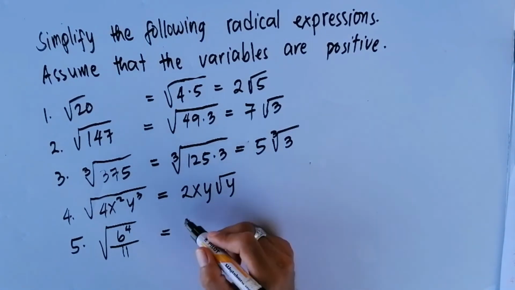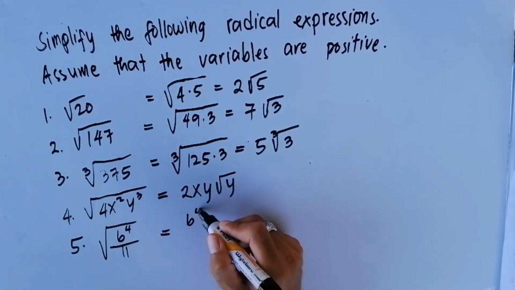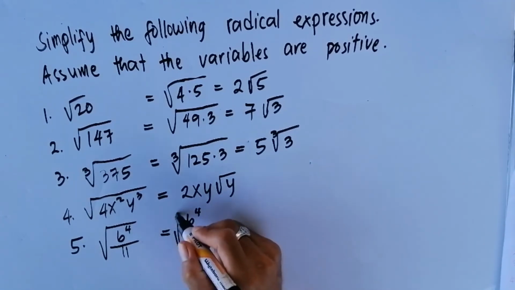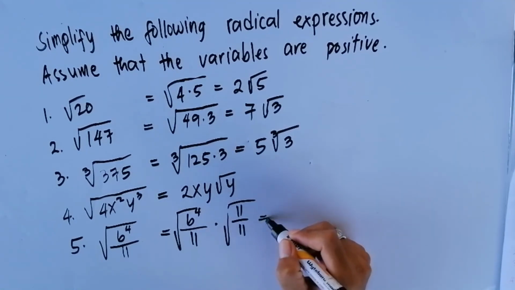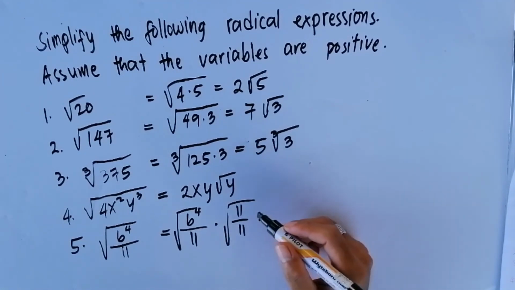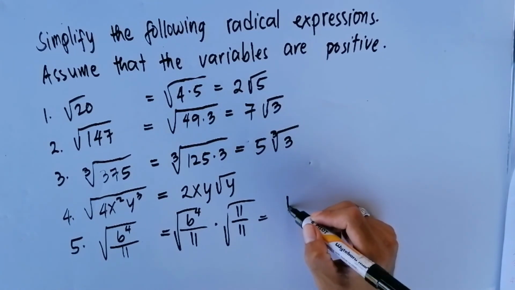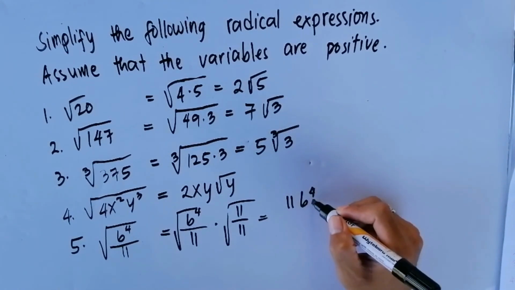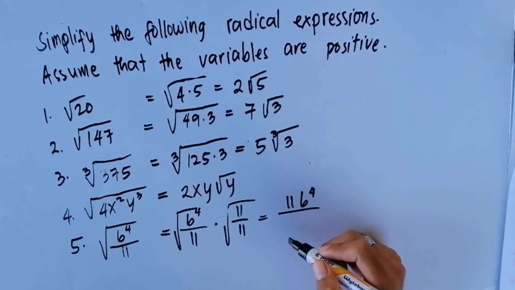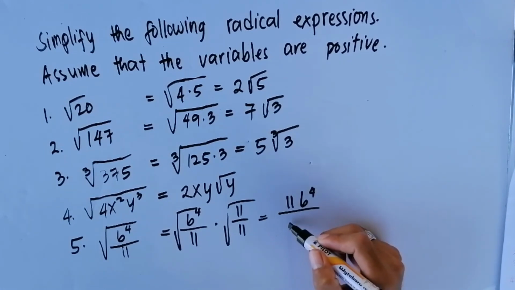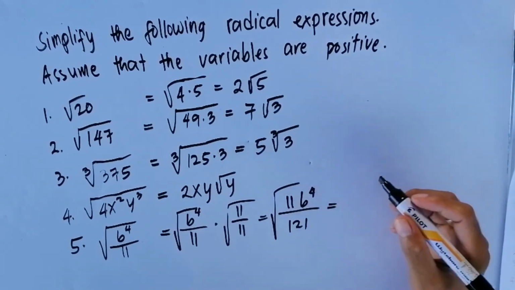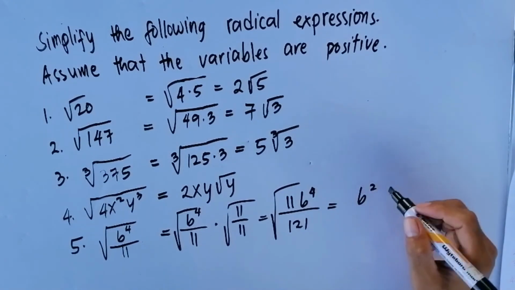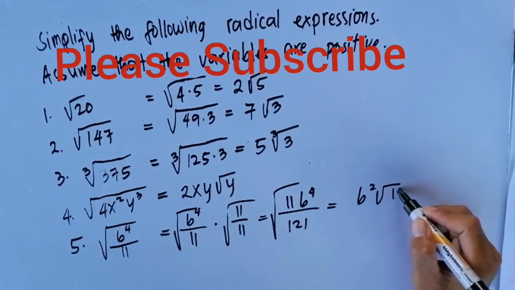This one, b raised to 4 over 11 times the square root of 11, that is equal to 11 b raised to 4 over 121, that is equal to b squared square root of 11 over 11.